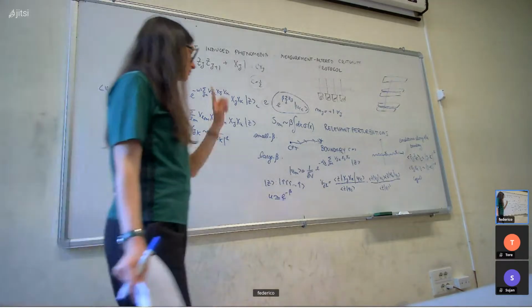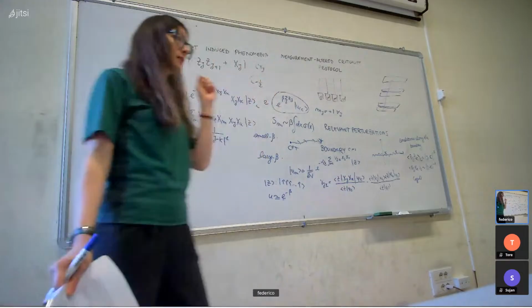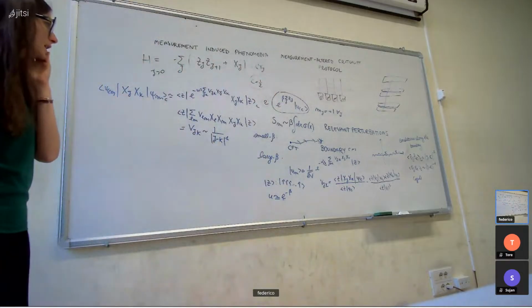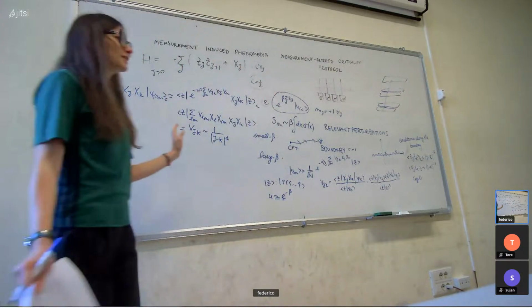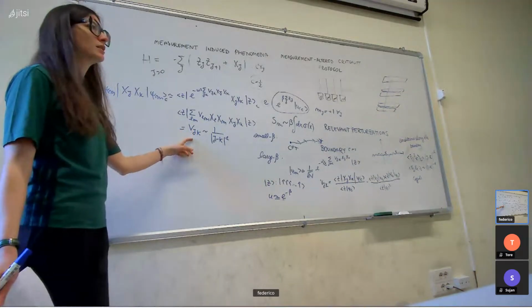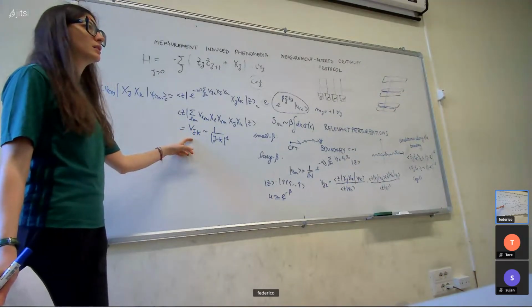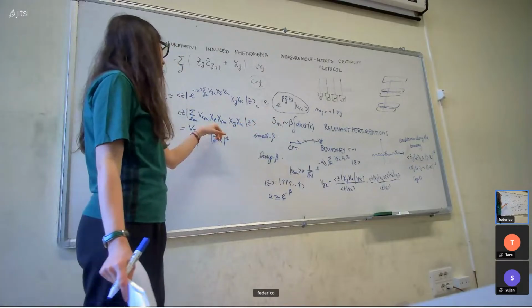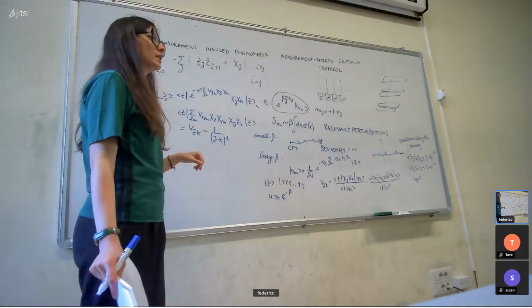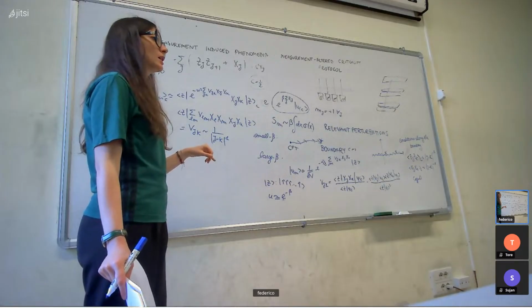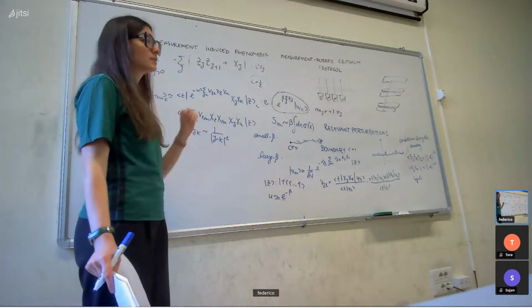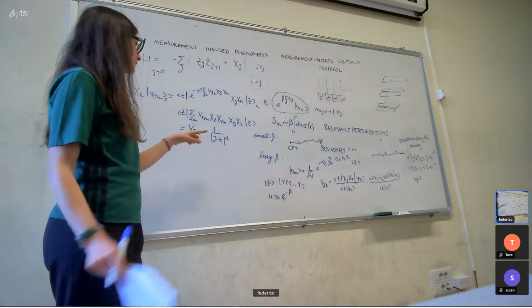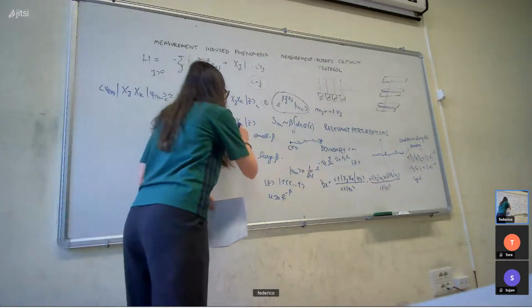Okay, so the last thing that maybe I say today. Sorry, this is the first non-trivial element. What about the expansion of the exponential? Yes, this is because of the other terms too.